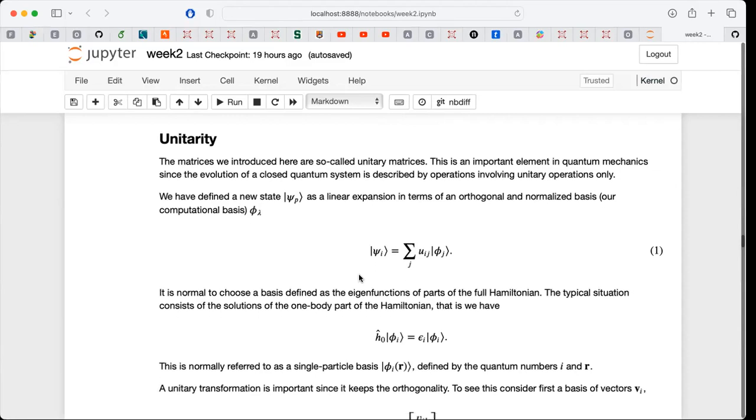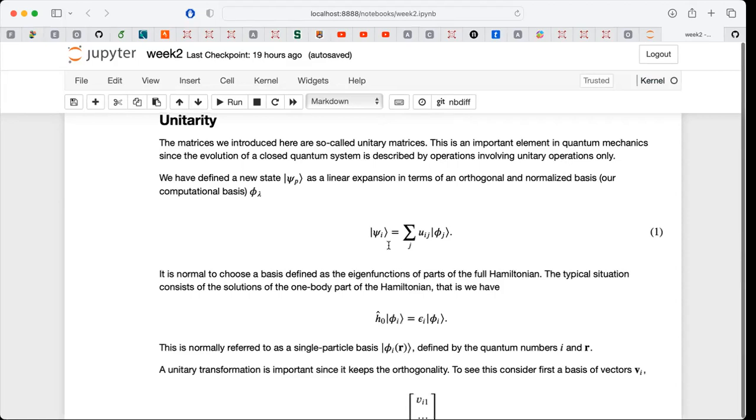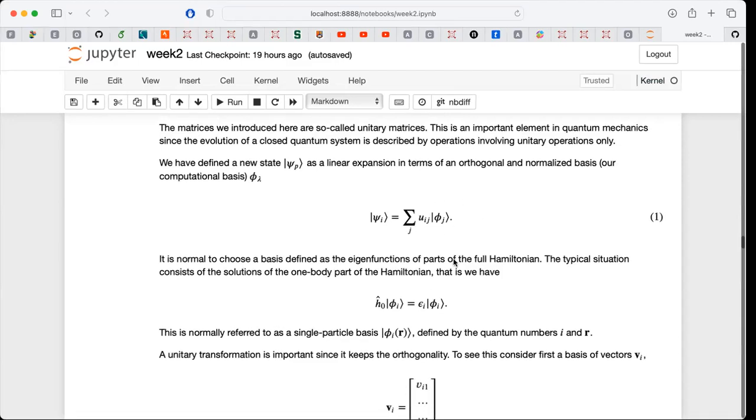But typically what we have is a given state, psi here, which is now represented in terms of this unitary transformation. And these states phi, which you see, they're often chosen to be eigenstates of a specific part of the full Hamiltonian.